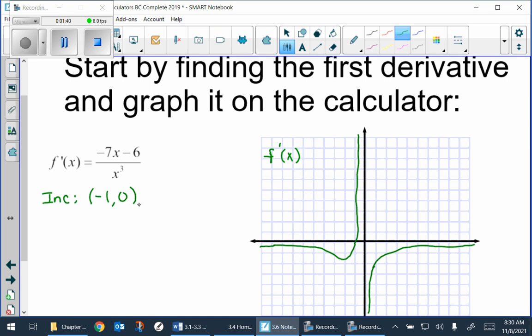Oh, it's not -1. Again, we're allowed to use our calculator. We actually find that it is -0.857-ish to 0. Okay, good.